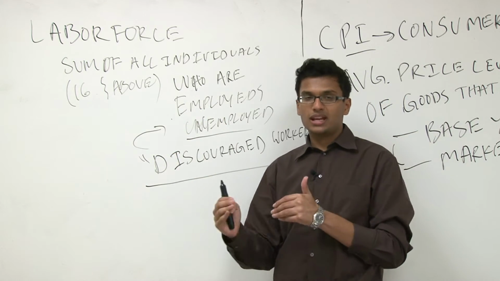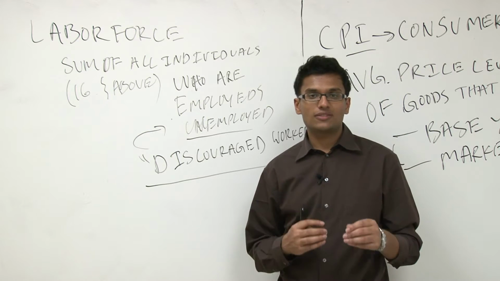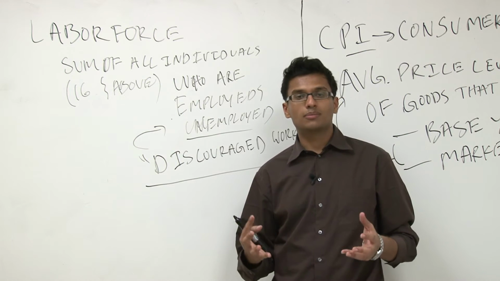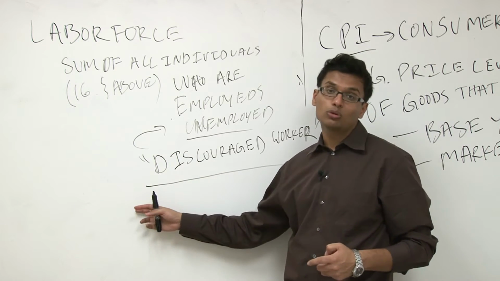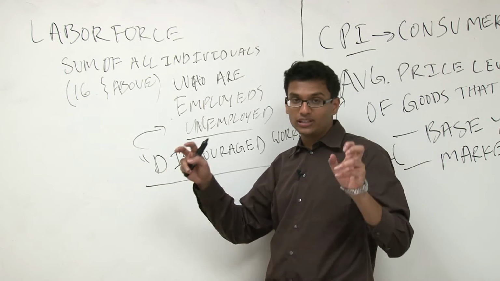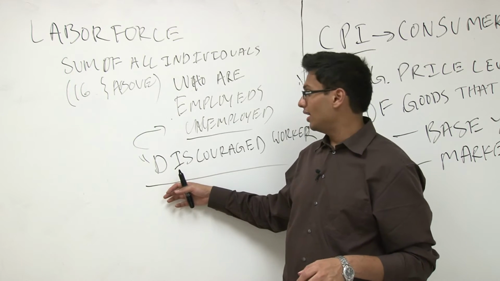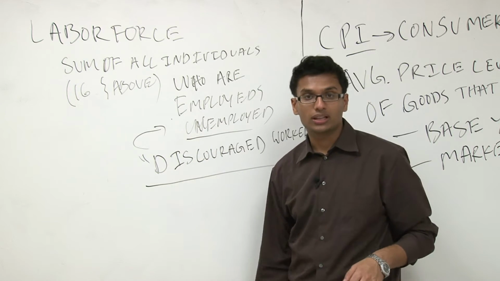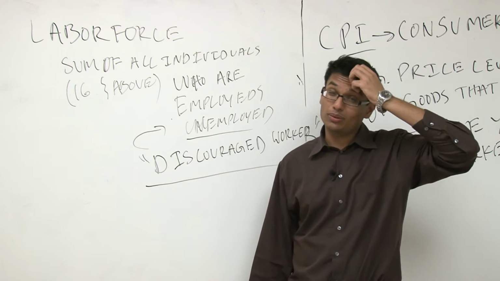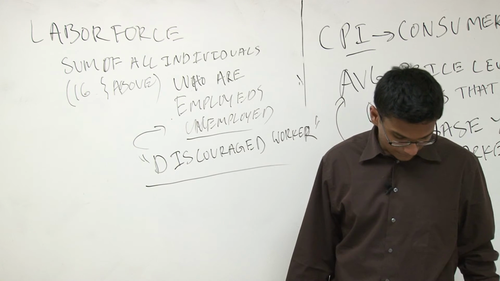So understand that when we calculate unemployment rates, there's a lot of statistics that go behind it. You can't just blindly take that number. So imagine there's a huge chunk of people who are not actively looking for jobs, and so, under what the government defines as unemployed people, that's why your unemployment rate is actually understated. So unemployment can actually be much worse than what you actually predict in a recession. Kind of sad.